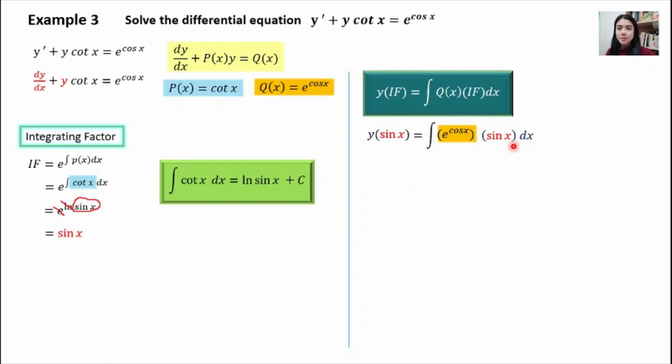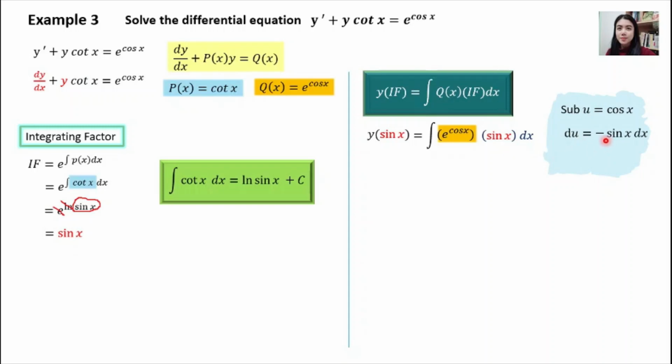We're going to solve the right hand side of this equation by doing the integration. You can solve this integration by using the technique of substitution. Substitute this one with a u, and differentiate it, you will have du equal to minus sine x dx. Observe that we have sine x dx here, but we do not have the negative.